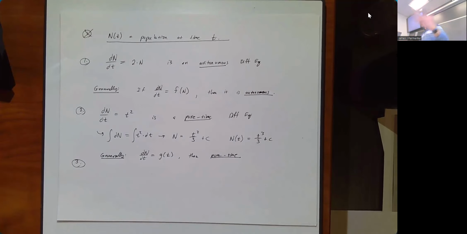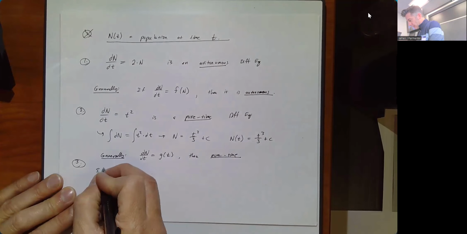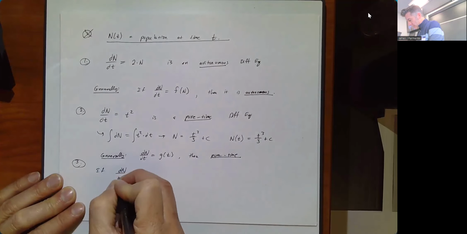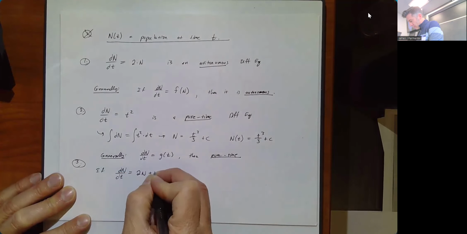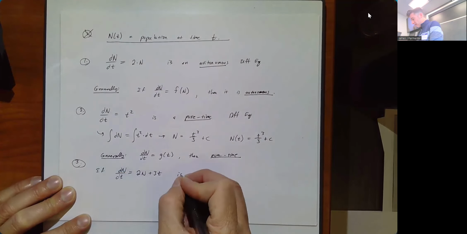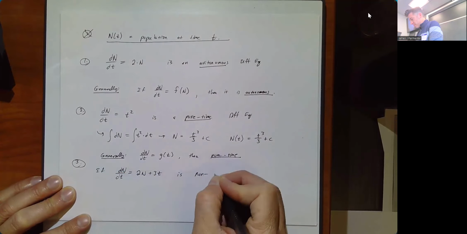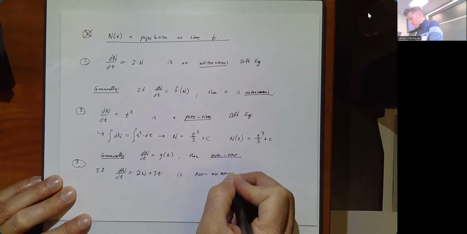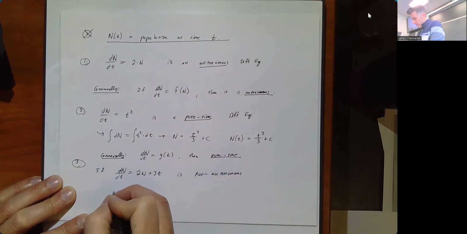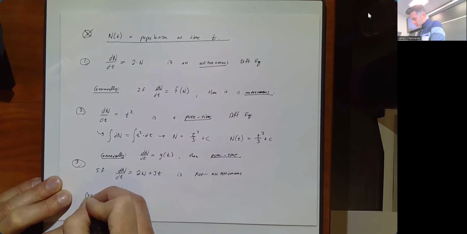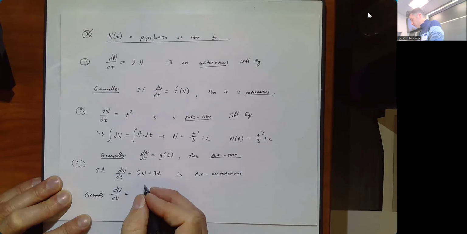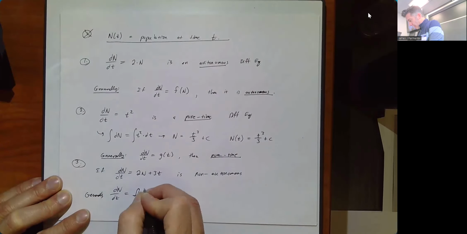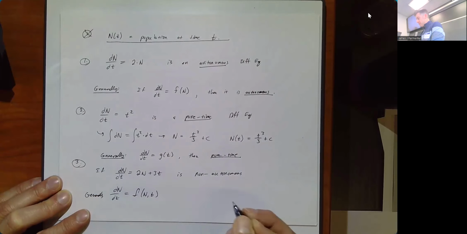It's also not pure time, but apparently that's obvious. So if you have something like dn dt equal to 2n plus 3t, it is non-autonomous. Or more generally, if dn dt is equal to a function of n and t, then it's not autonomous.